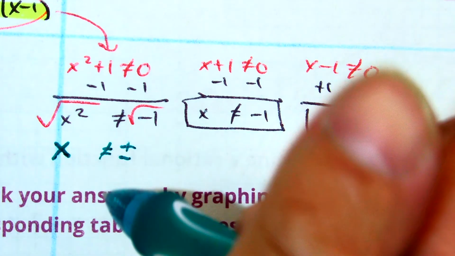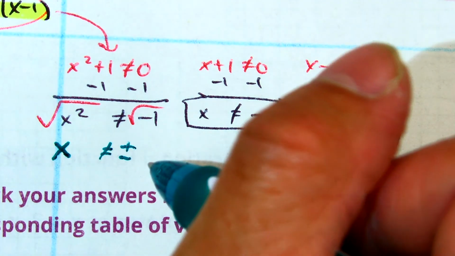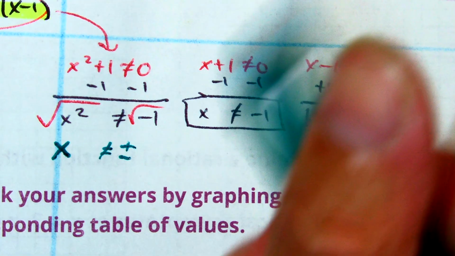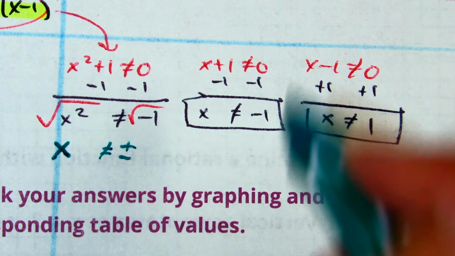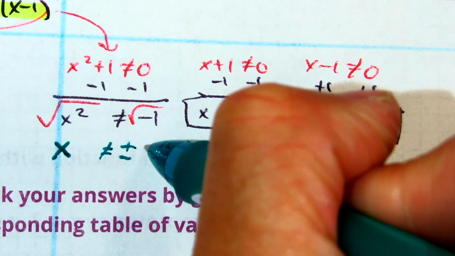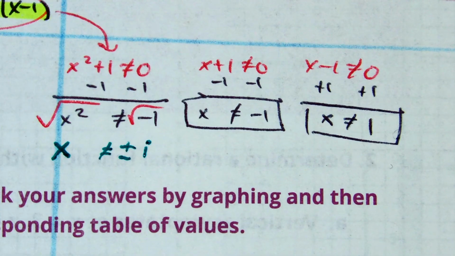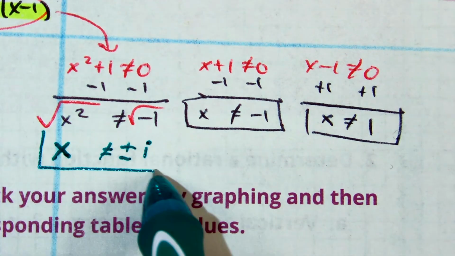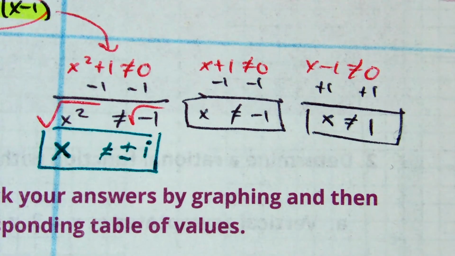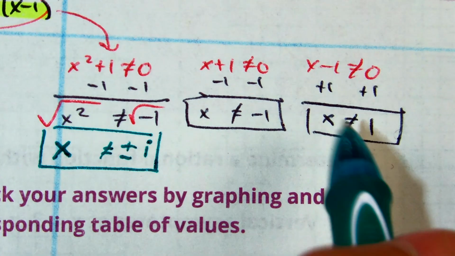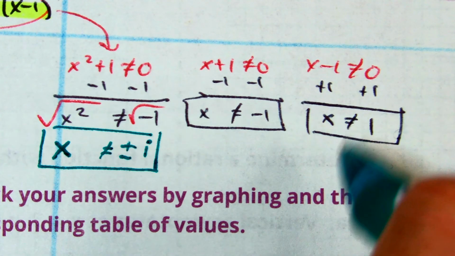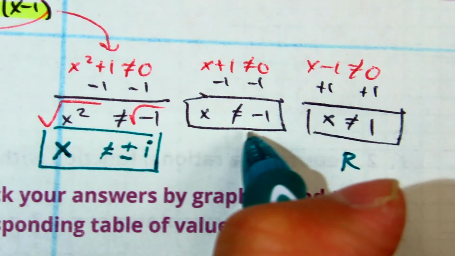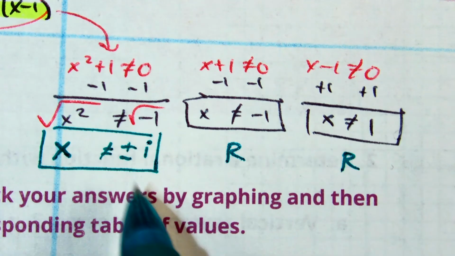Okay. What's the square root of negative 1? Class, what letter of the alphabet? I. Class, real or not real? Complex or real?